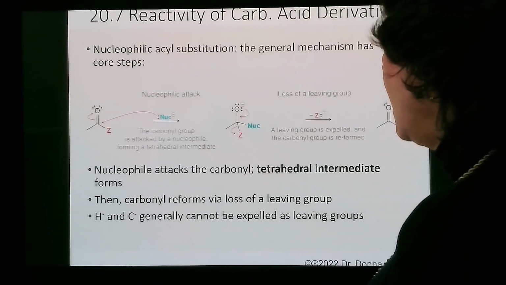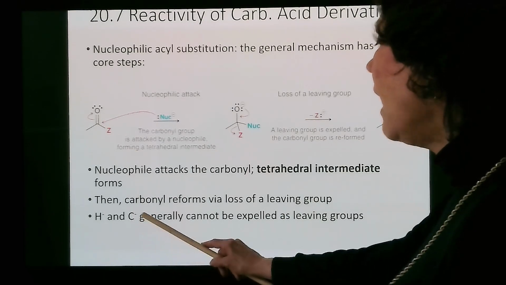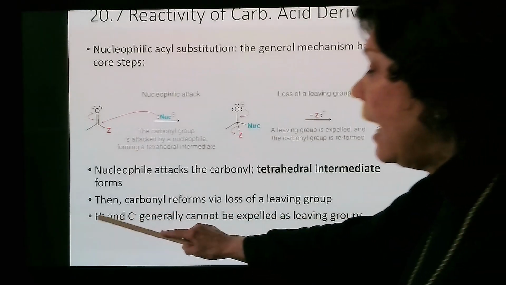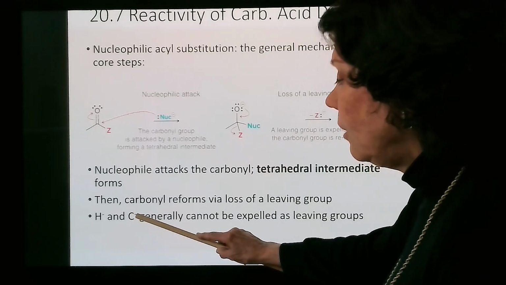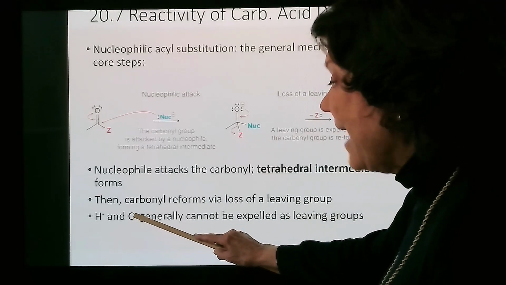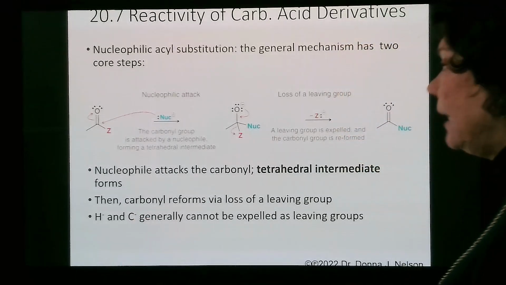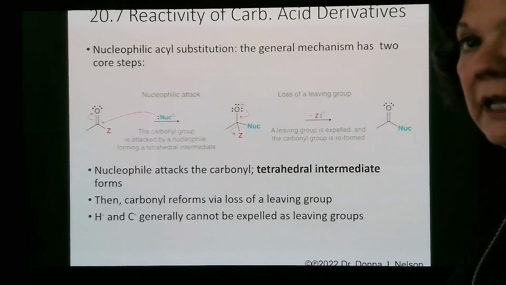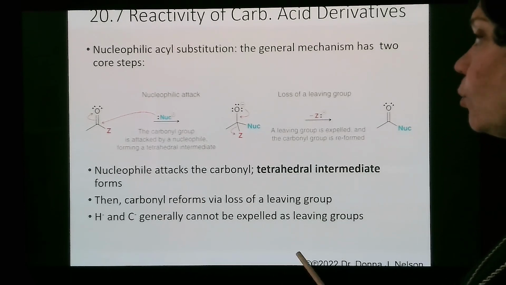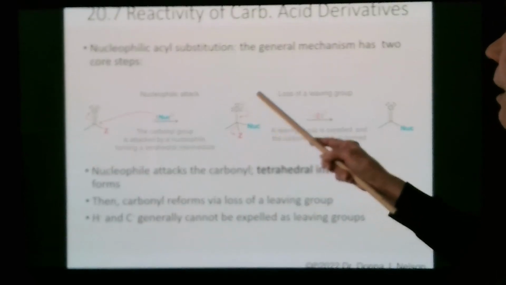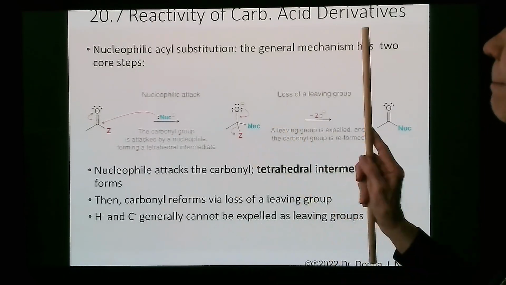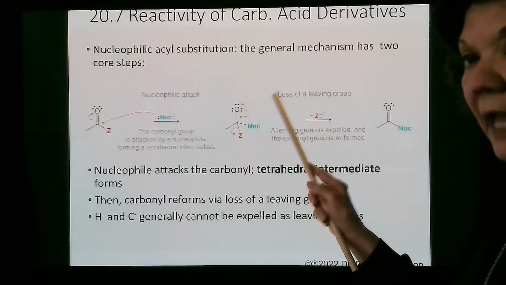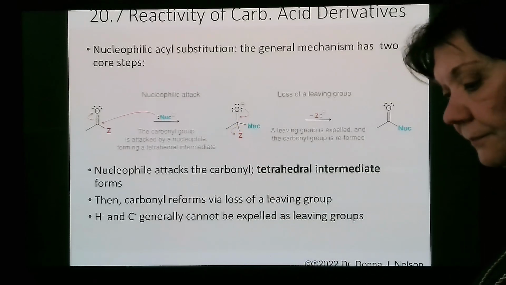So, in the aldehydes and ketones, you'll see H- or a carbon anion can't be expelled as leaving groups. So that's why this is possible with the carboxylic acid derivatives, but this is not possible with aldehydes and ketones.